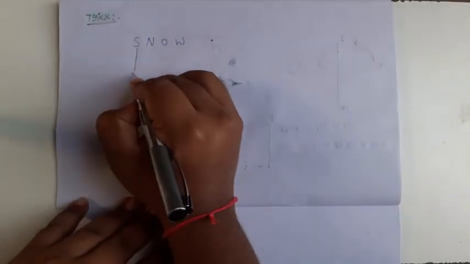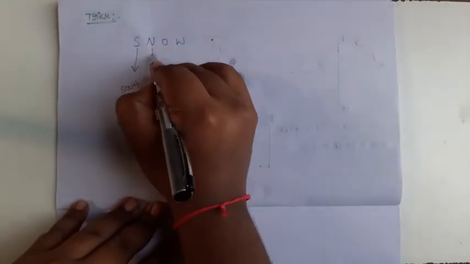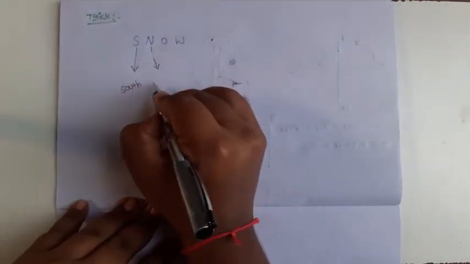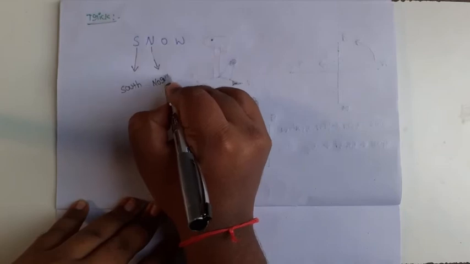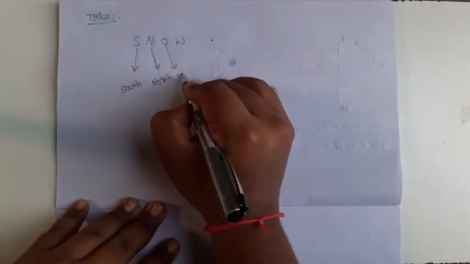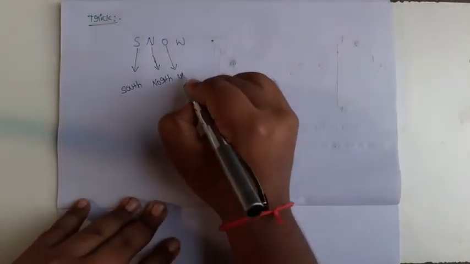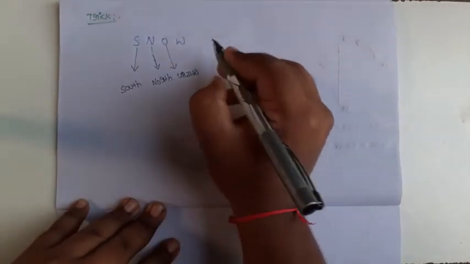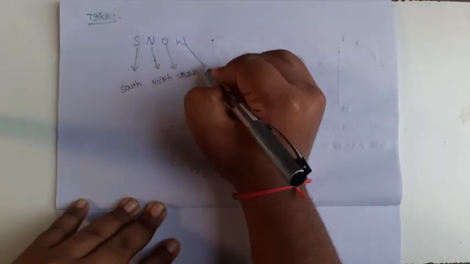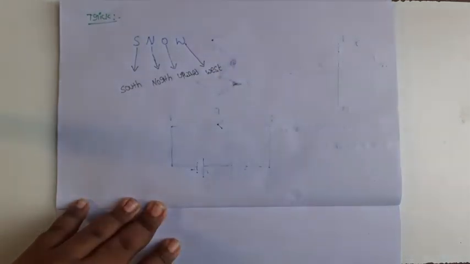What is S? S indicates south direction. N indicates north direction. O indicates upward or observation. W indicates west direction.